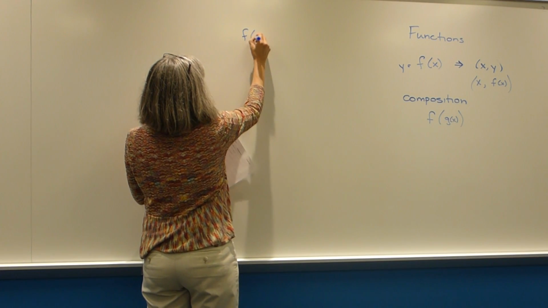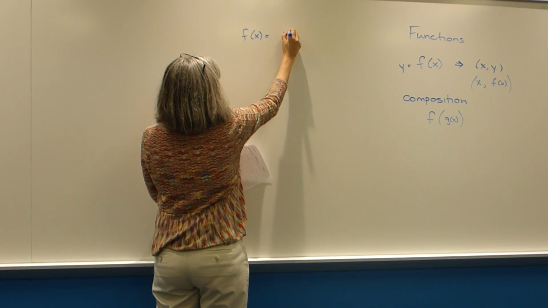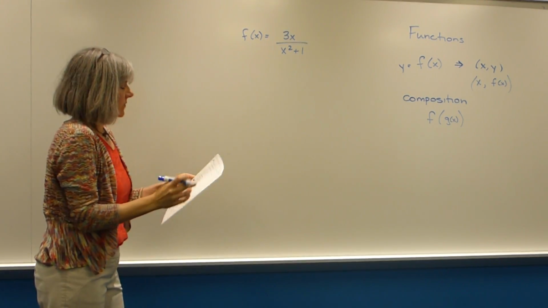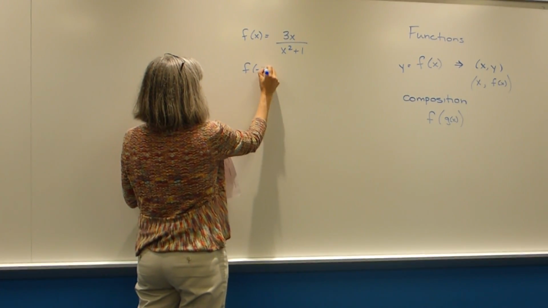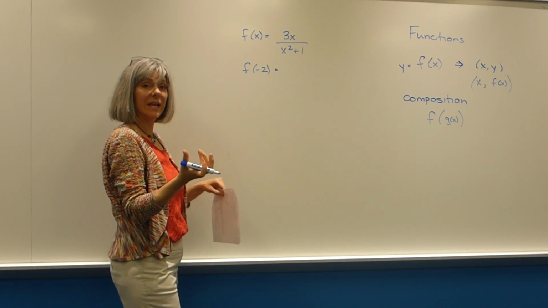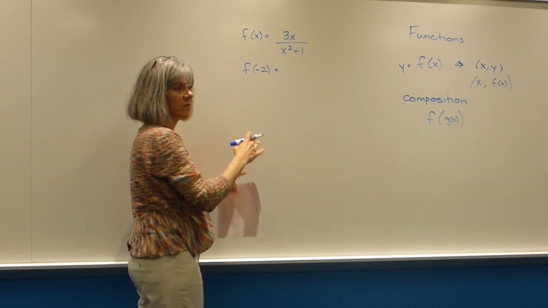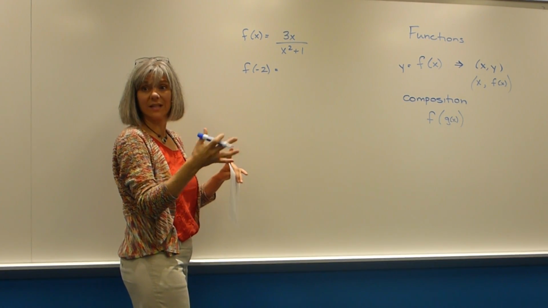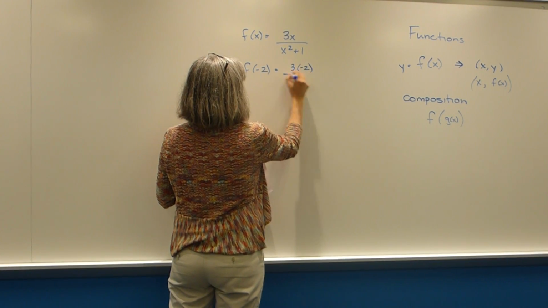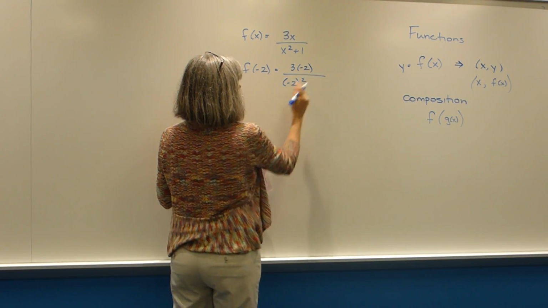So let's say that you have f of x equals 3x over x squared plus 1. Let's find f of minus 2. That means we just put in a negative 2 everywhere we had an x. Anytime you have negative signs, or anytime this is an actual function, I strongly encourage you to use parentheses until you have accounted for everything. So 3 times negative 2, over negative 2 squared plus 1.